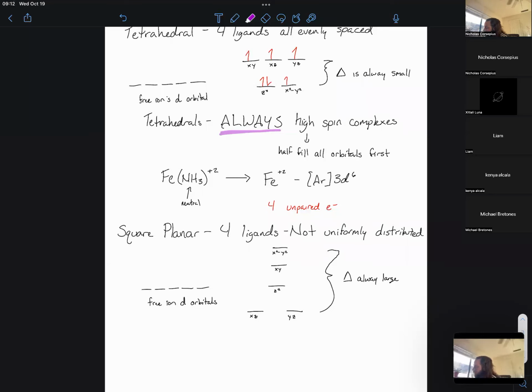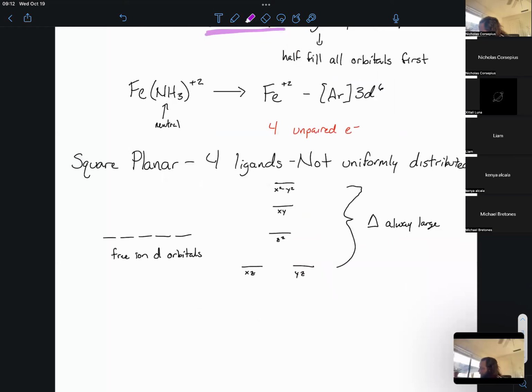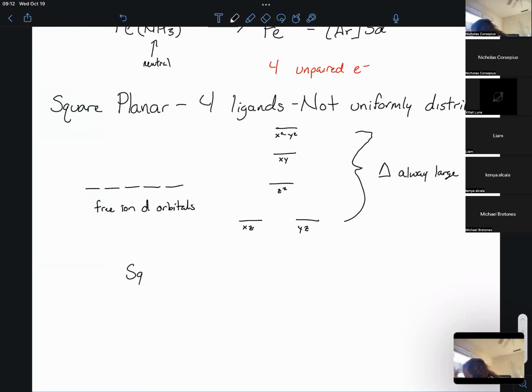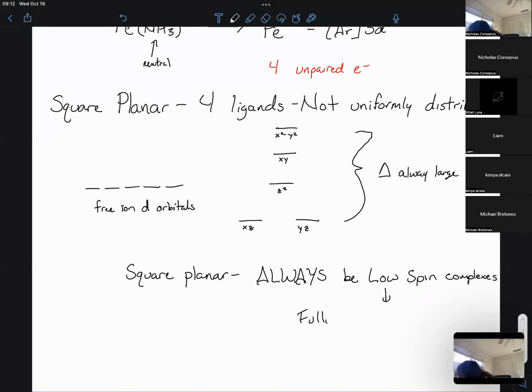For square planar complexes, they're always large. So what does that mean? That means for square planars, they're always low spin complexes. And remember, low spin means that you fully fill lower orbitals.